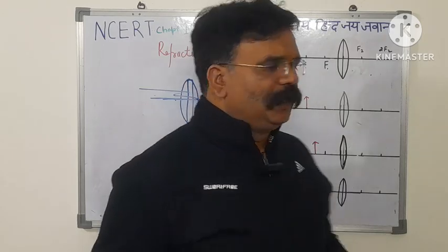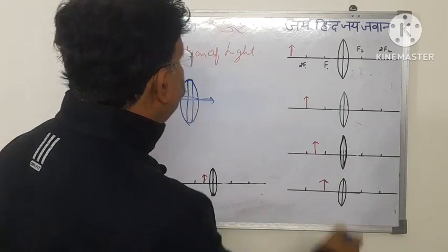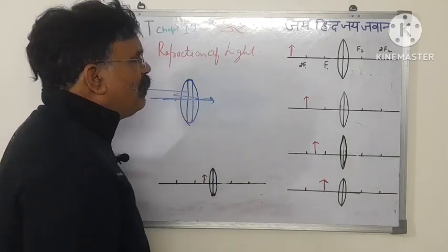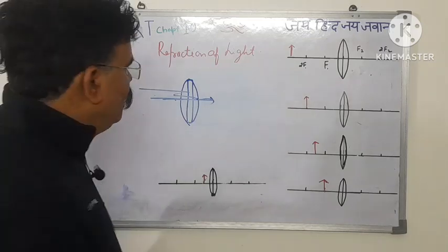Due to this, the ray will not travel in a straight line. So we will see the deviation of light through spherical glasses.